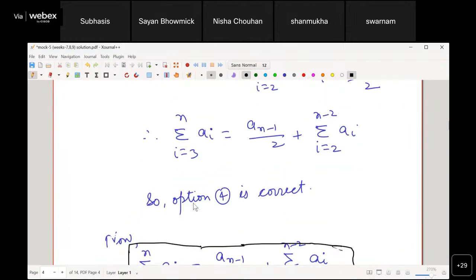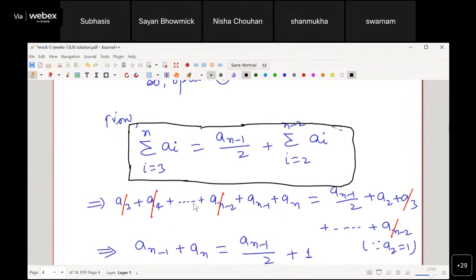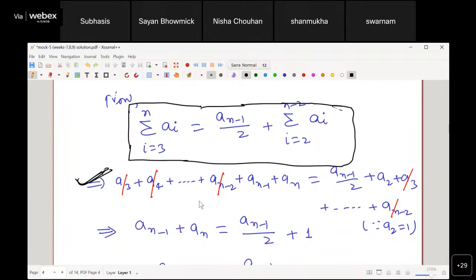Sir, the statement which is written after that, like next. Yeah, this A3 plus A4 plus, this one. Which one you are saying? Yes, sir. So what is this thing? Summation of i from 3 to n ai. What do you mean by this summation of ai?